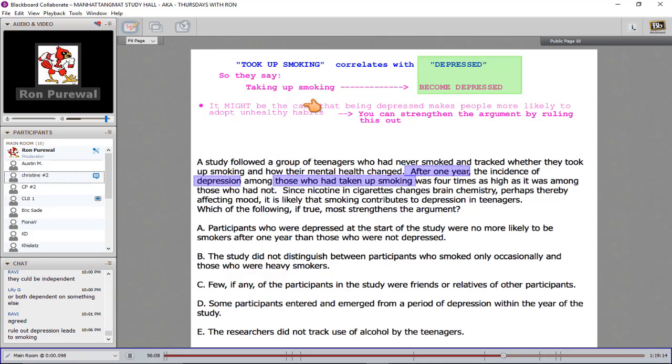But there's just no answer choice that does that. But what about this? Like what about the data themselves? What did they not do that they really should have done?